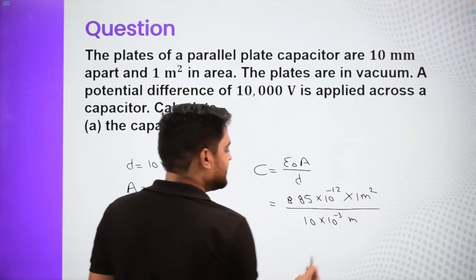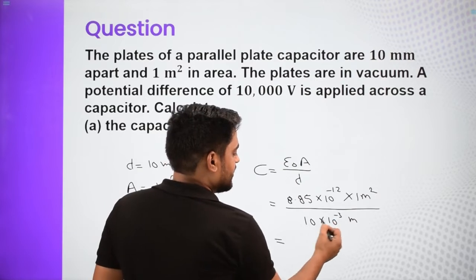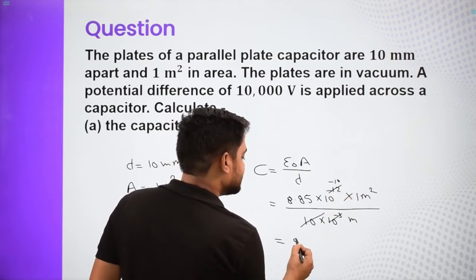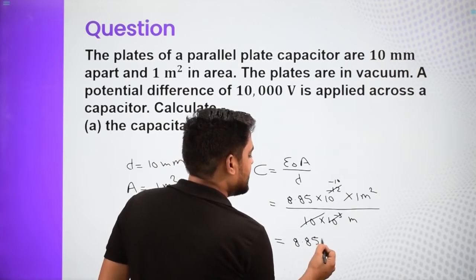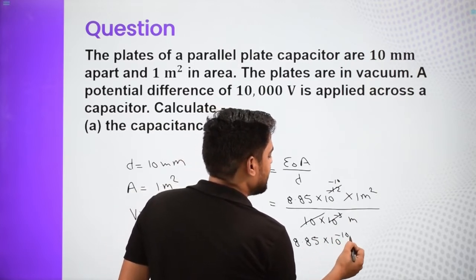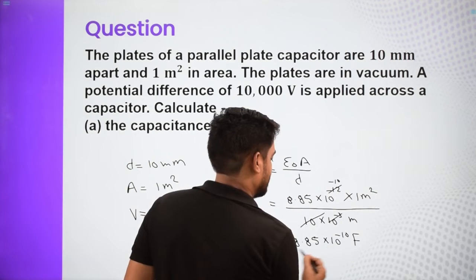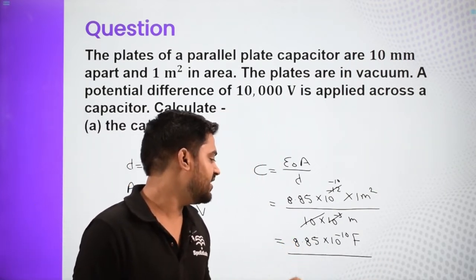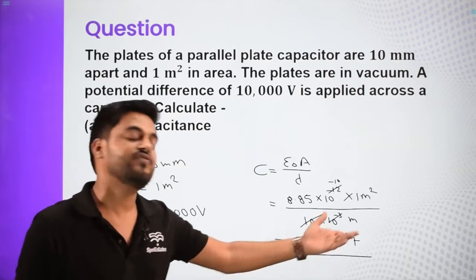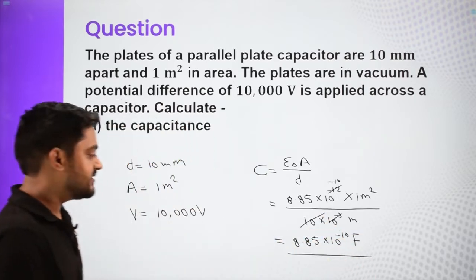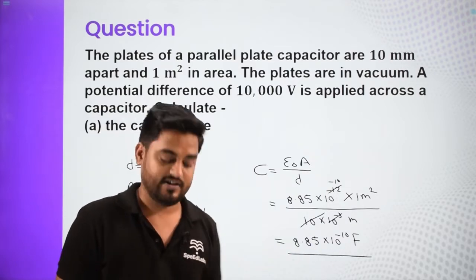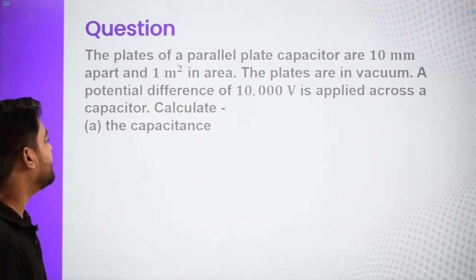I have used SI units. This will make it minus 2, which will make it minus 10. The answer is 8.85 into 10 raised to power minus 10 farad. If we want to convert, it is 0.885 nanofarad, or we can write it in picofarad as 885 picofarad. But I'm leaving it in farad as it is.